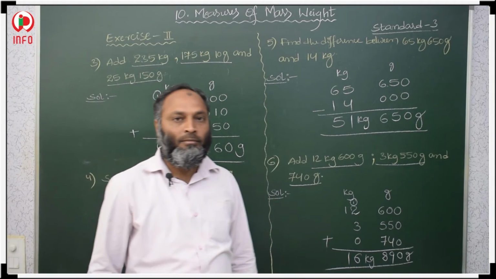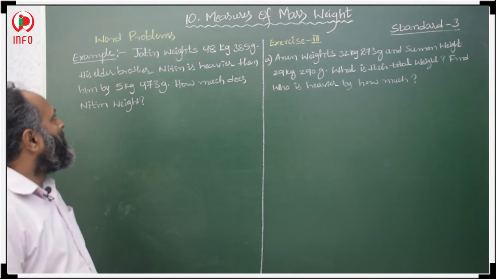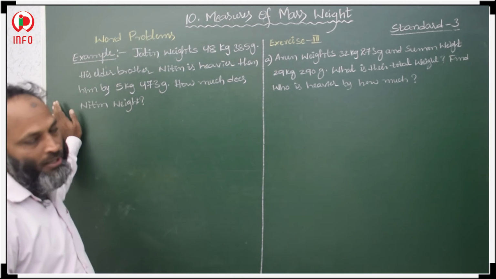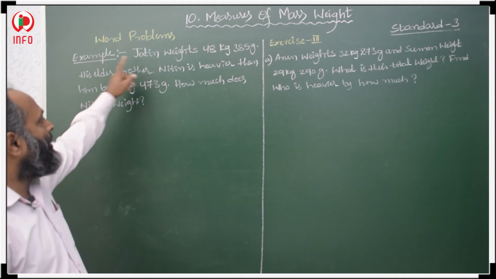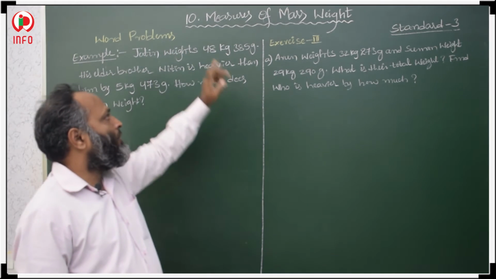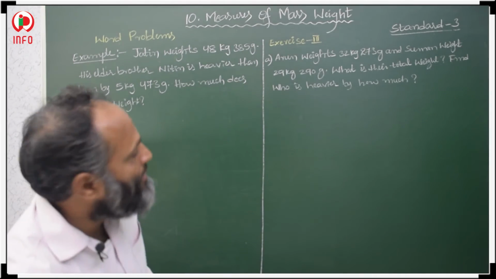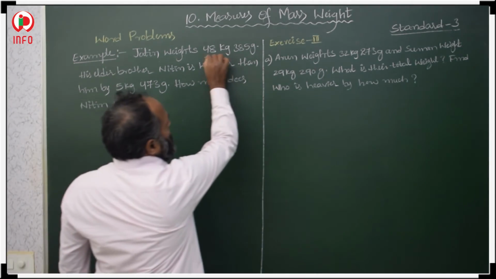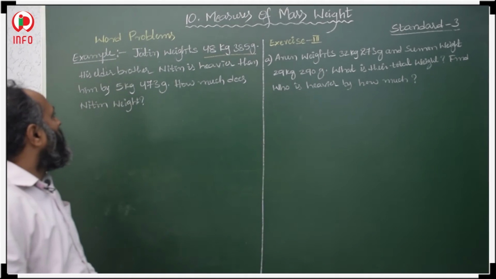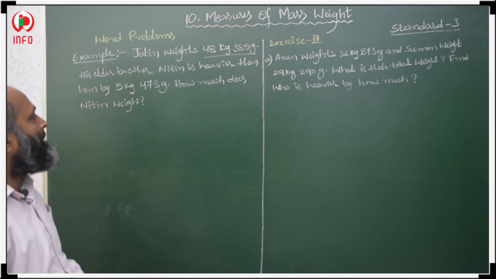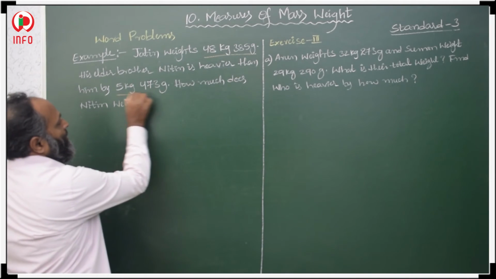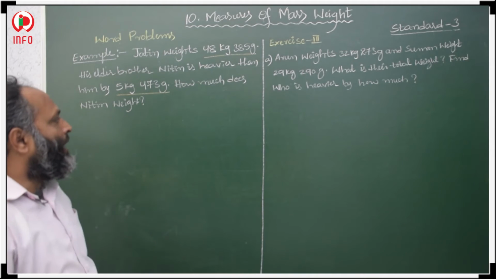Okay. Now students, in word problems, the example he has given: Jatin's weight is 48 kgs, 385 grams, and his elder brother Nitin is heavier by 5 kg, 473 grams.